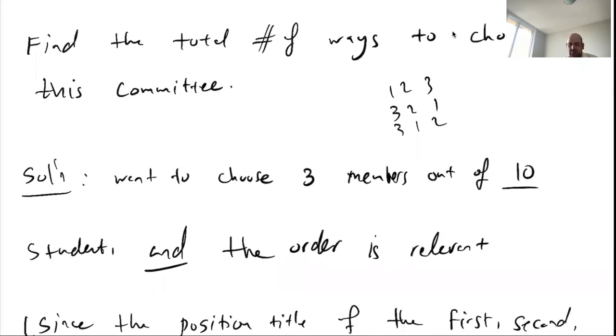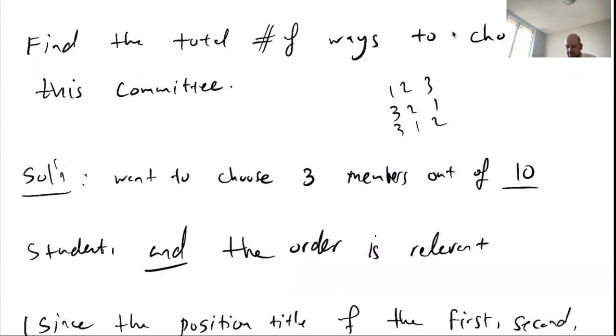Although in all of them students 1, 2 and 3 are chosen, because the order is different, the choice is also different. But here, because they all have the same role, all these choices are counted as one choice. So every 6 of them is counted as 1.